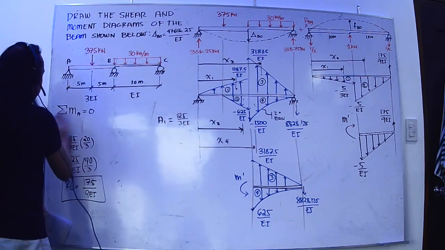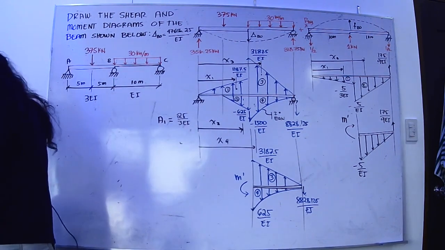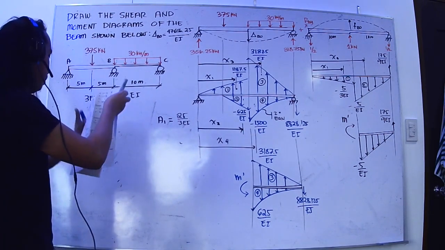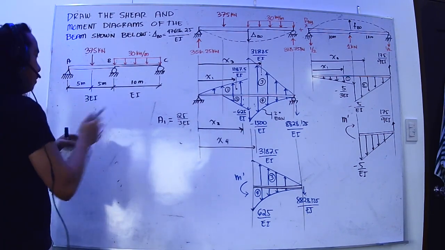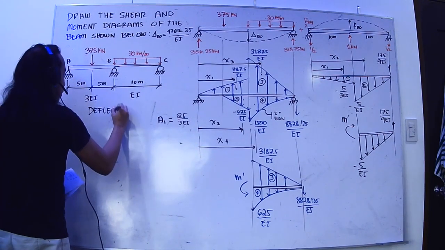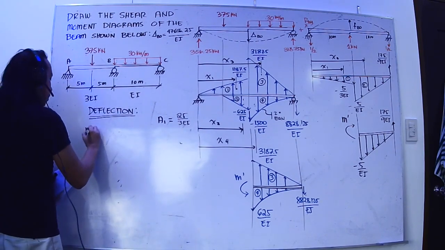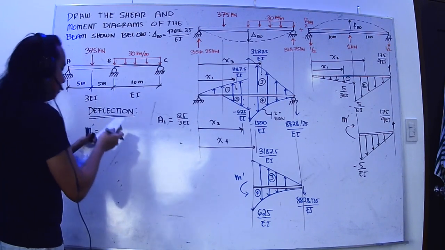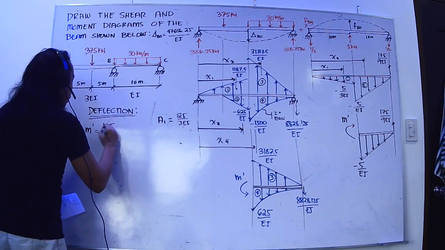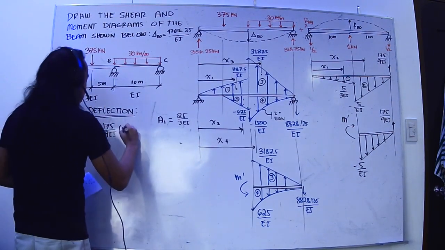Now, sum up moments to get the value of our deflection here. M prime would consequently be equal to 175 over 9 EI multiplied by our quantity, which is 10.